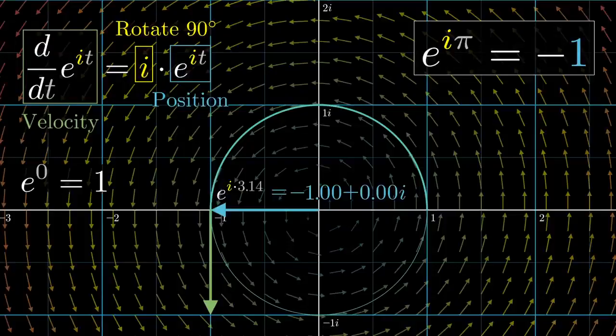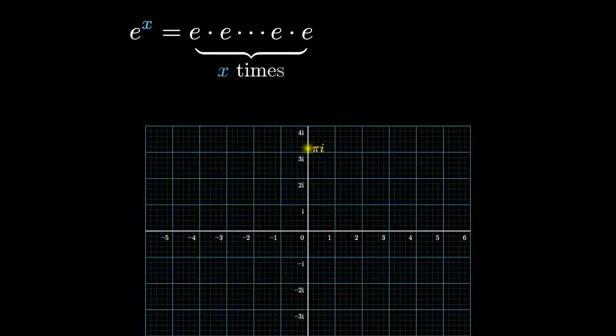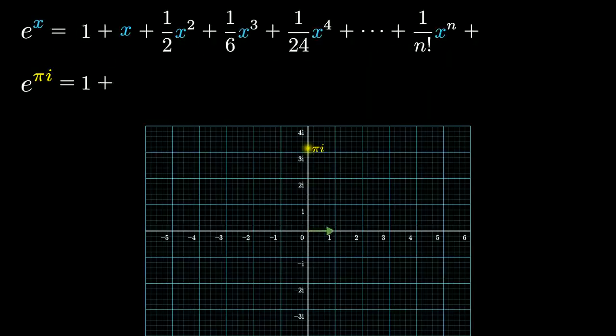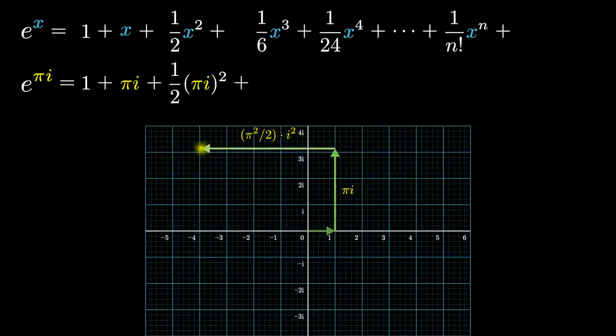One thing that's always worth emphasizing to any students initially confused by this expression is just how misleading the notation is. When you input a complex value, the expression really has very little to do with repeated multiplication, and honestly not that much to do with the number e. The computation that it refers to is plugging in the input into this infinite polynomial, the Taylor series for e to the x.